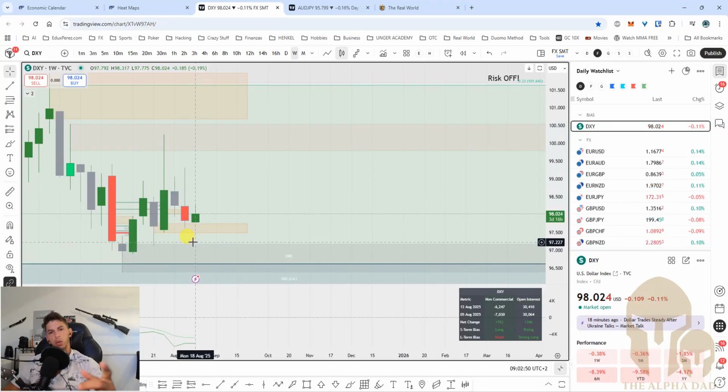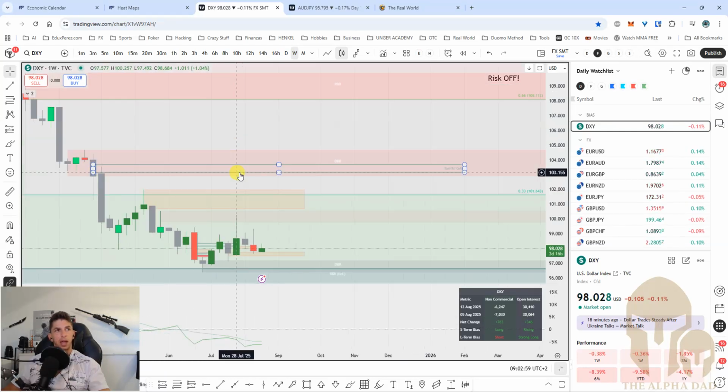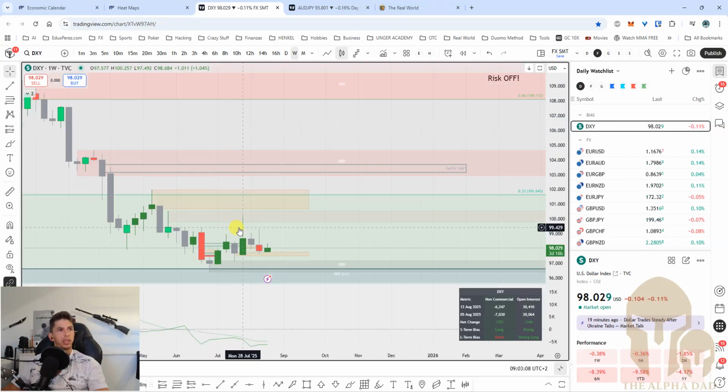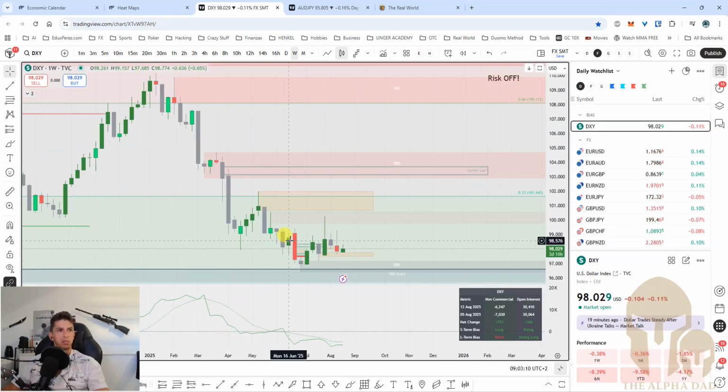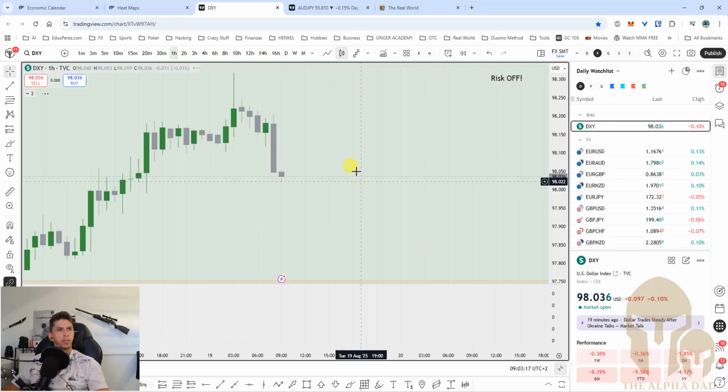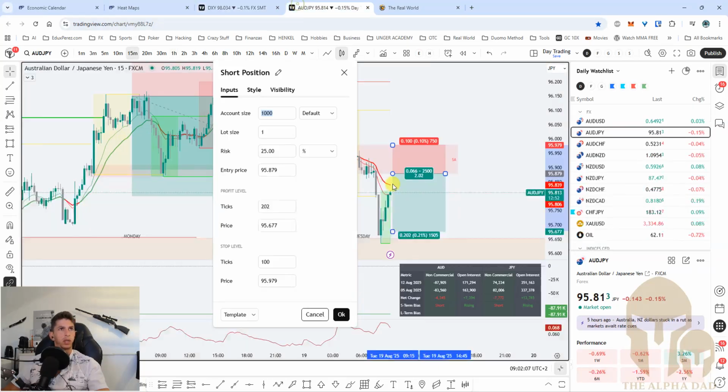It will all depend. Tomorrow we have the Fed minutes. So that's a high volatility impact event. So that could trigger a sell-off on the dollar. We'll see. It would be expected considering the market structure on the weekly. But yeah, for today we have AUDJPY.